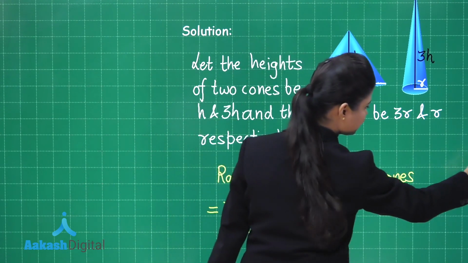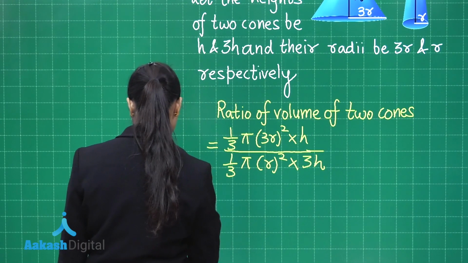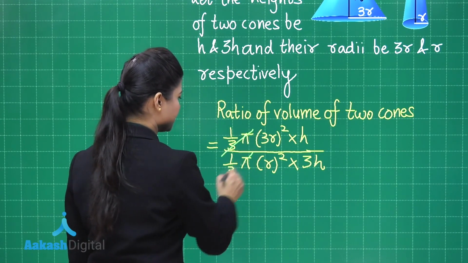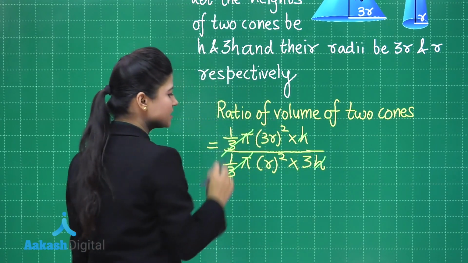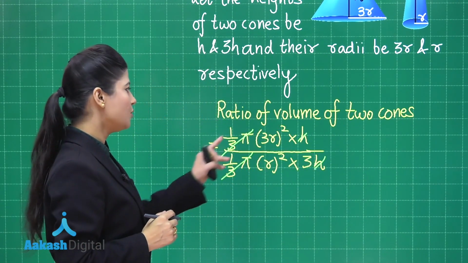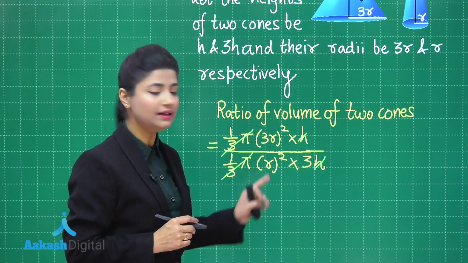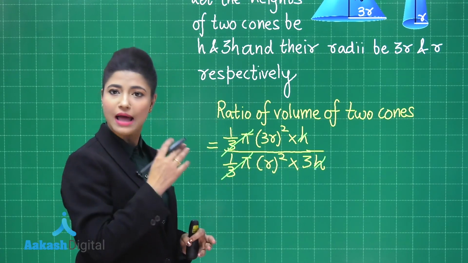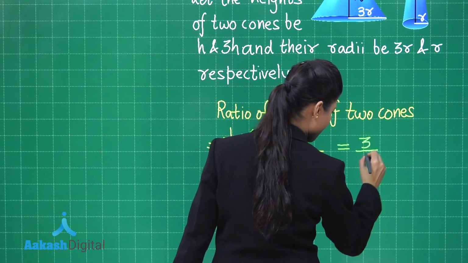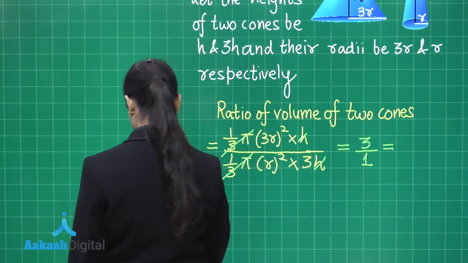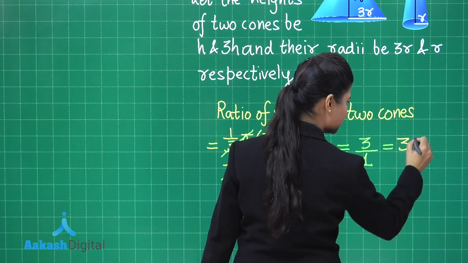Let's simplify this and obtain the rest of the values. When you will simplify, you will get that pi by 3 gets cancelled, here h gets cancelled, and here r square will also get cancelled. Moreover, here 3 square gives you 9, and in the denominator you have 3. 9/3, this reduces to the value equal to 3/1. That means the required ratio is here 3:1.